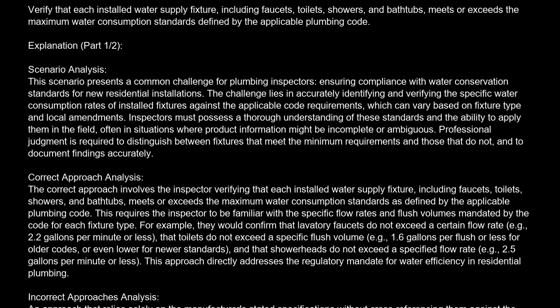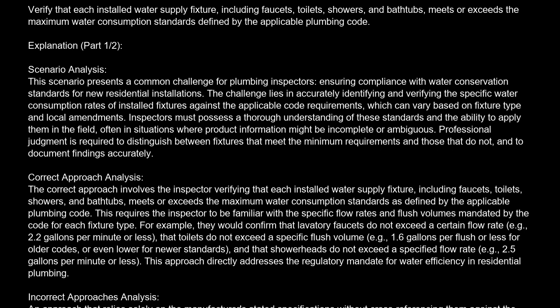For example, they would confirm that lavatory faucets do not exceed a certain flow rate, e.g., 2 gallons per minute or less, that toilets do not exceed a specific flush volume, e.g., 1.6 gallons per flush or less for older codes or even lower for newer standards, and that showerheads do not exceed a specified flow rate, e.g., 2.5 gallons per minute or less. This approach directly addresses the regulatory mandate for water efficiency in residential plumbing.